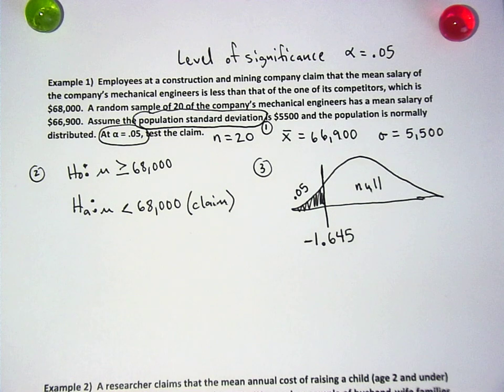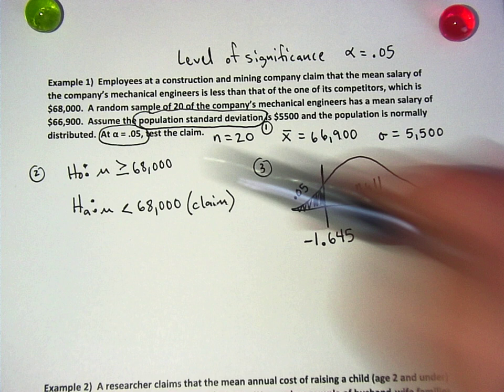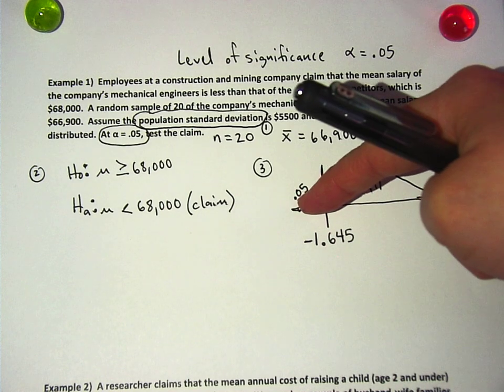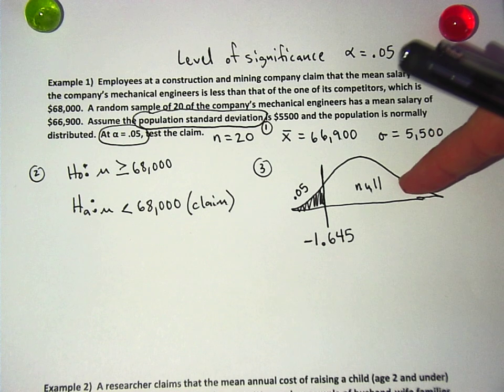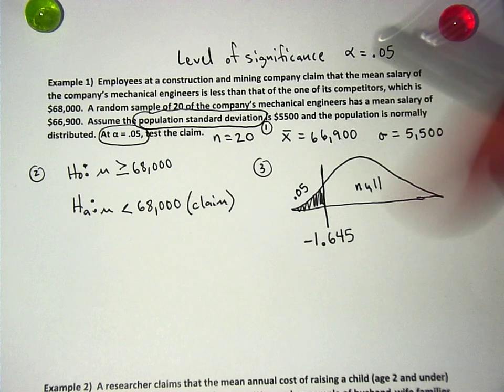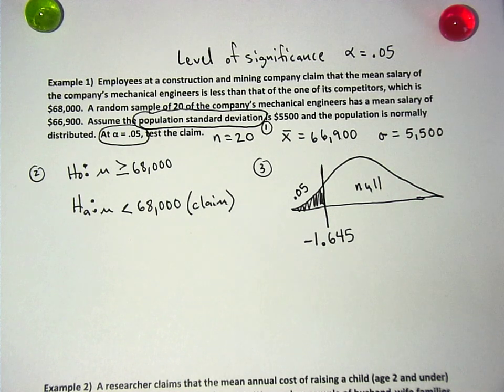That is my rejection region. So here's the deal. If my test statistic, when I do my test, if my z-score falls in the rejection region, I'm going to reject the null. And if it falls over here on the right, I'm going to accept the null. So if it falls on the null side, I accept the null. And if it falls on the rejection region side, I reject the null.